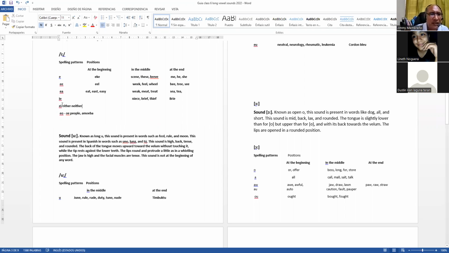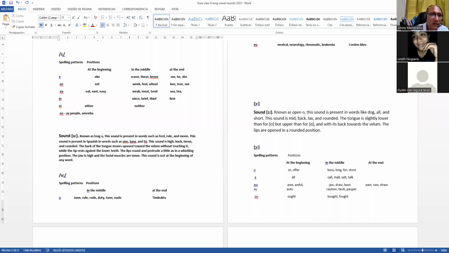Then we have the combination EI, and it goes at the beginning. So we have either. And also we have another word with the same combination of letters that is pronounced with the long E sound in the middle, like neither, neither.